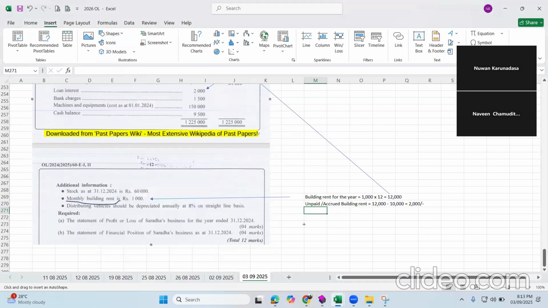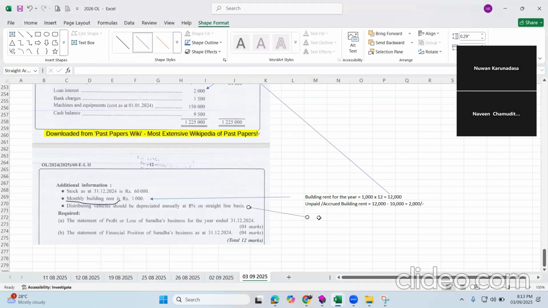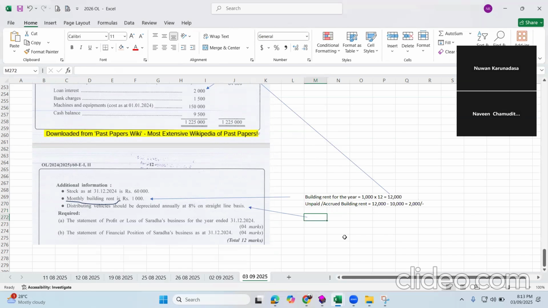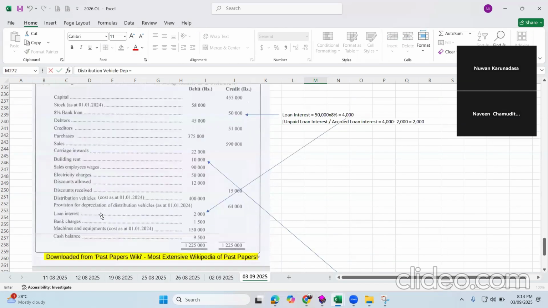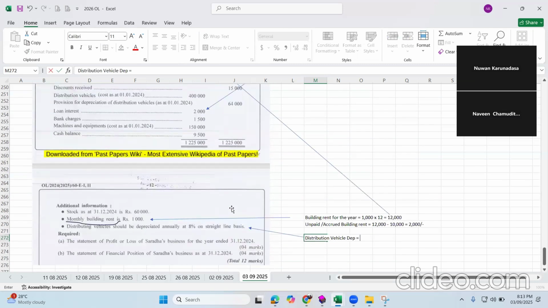So here you must calculate the depreciation for the year for what? Distribution vehicle. Depreciation equals the cost of the distribution vehicle, 400,000, into 8% equals 32,000.